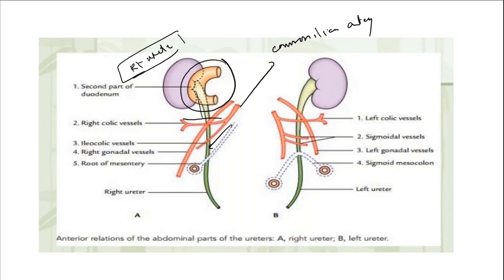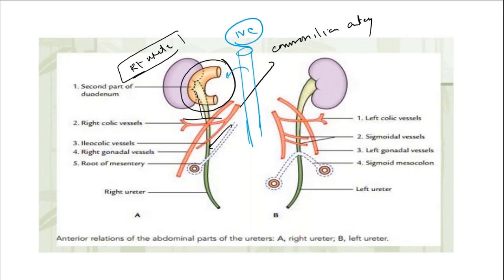So right ureter at its origin is covered by the second portion of the duodenum, and it is lateral to inferior vena cava. So I will draw. So inferior vena cava is medial.